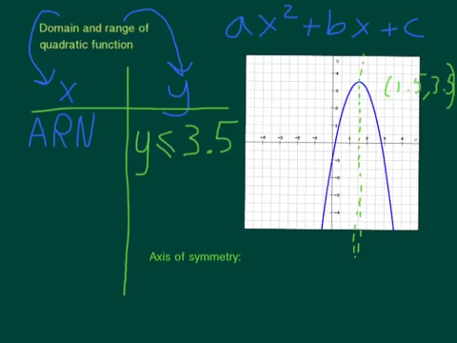Lines that are parallel to the y-axis always look like x equals. In this case, x equals 1.5, because we can see that it passes through my vertex, and my vertex is 1.5, 3.5. That is my axis of symmetry. But again, if I'm not given a graph, what I will have to do is find vertex form, and then graph it.